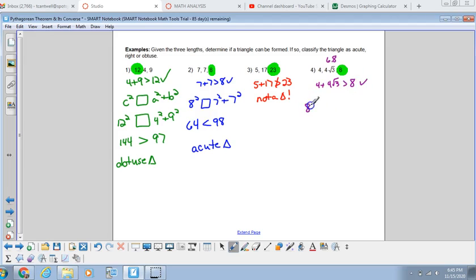Now let's compare 8 squared with 4 squared plus 4 square roots of 3 squared. So when we do 8 squared, again we get 64, and 4 squared is 16, but 4 times the square root of 3 squared might be a little bit trickier for us to do.